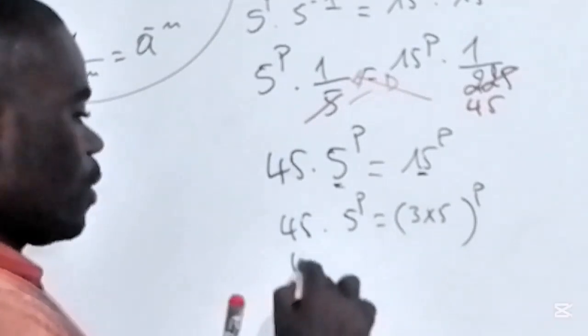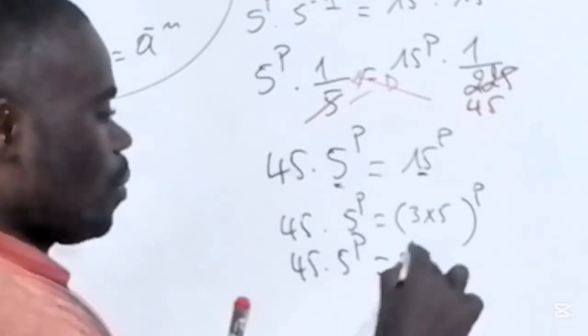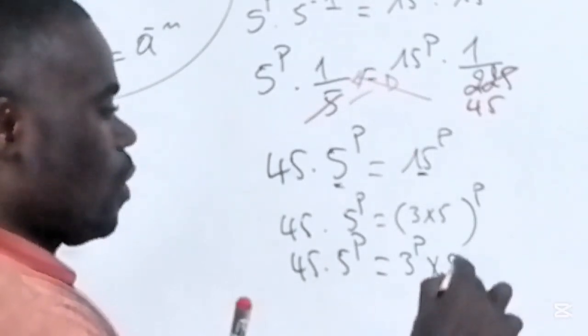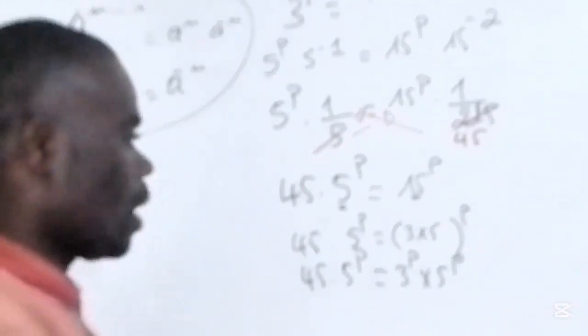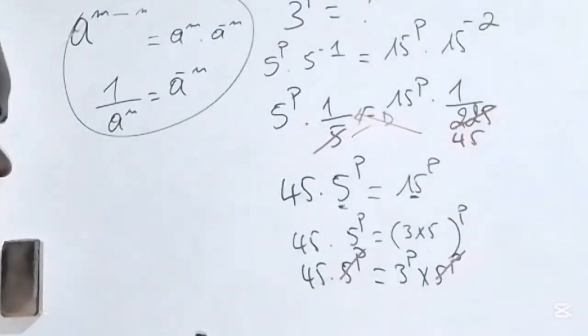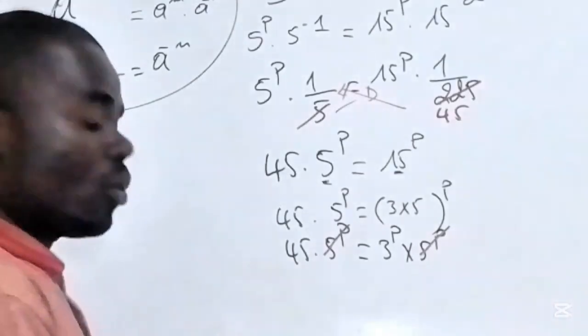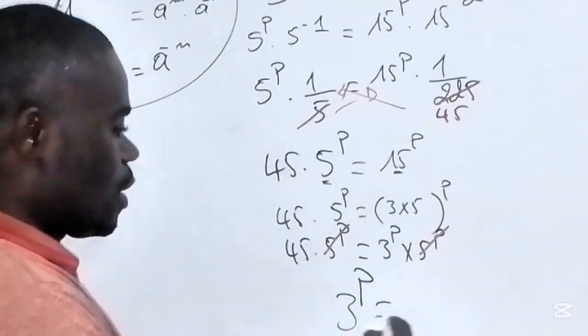Automatically, this is like 45 times 5 power p, which is equal to 3 power p times 5 power p. Then from here, we see that we can simplify 5 power p because they are common to both sides, left side and the right side. So now, according to this expression, we start 3 power p is equal to 40.